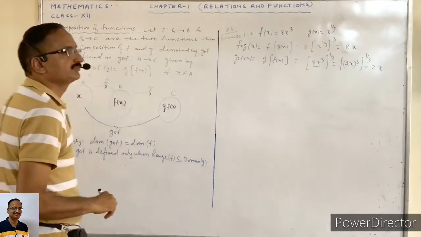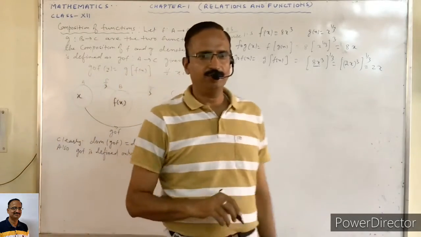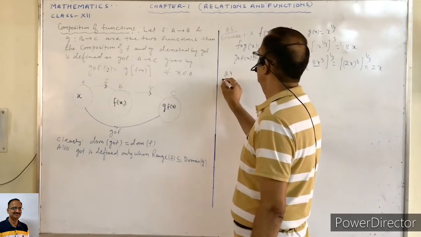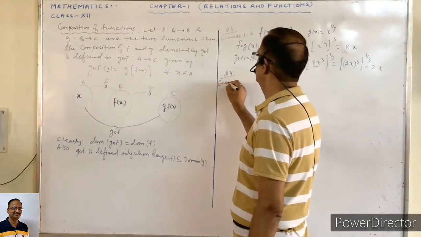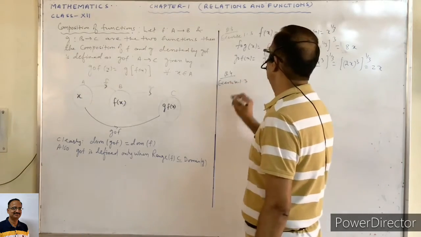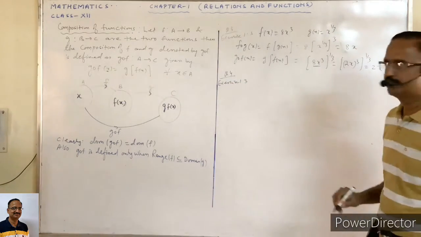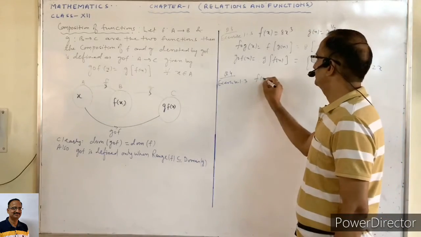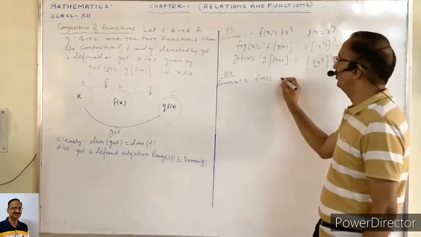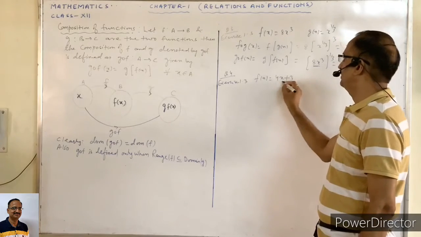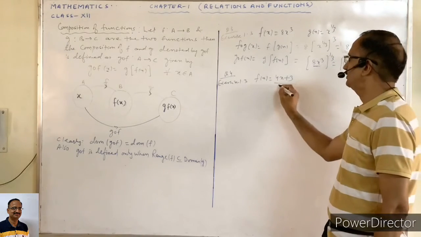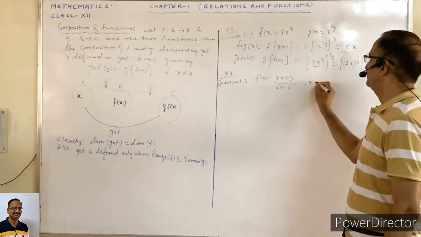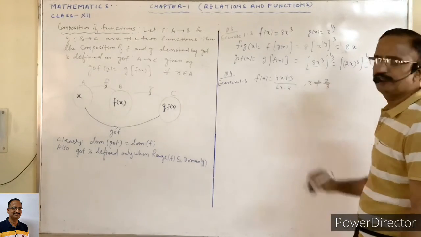Now next example, question number 4, again from exercise 1.3. In this, f x is given. f x is (4x plus 3) upon (6x minus 4), where x is not equal to 2 by 3.